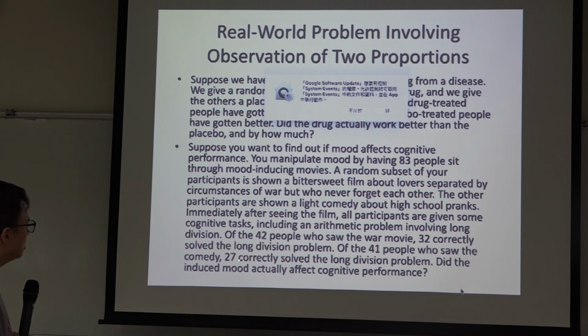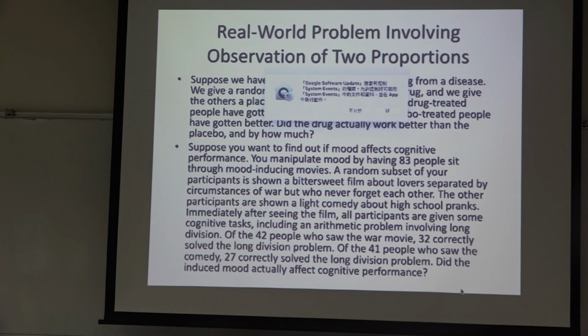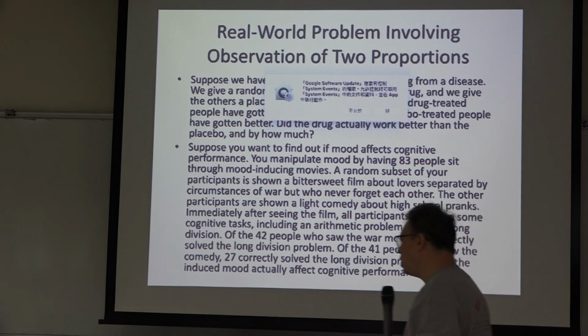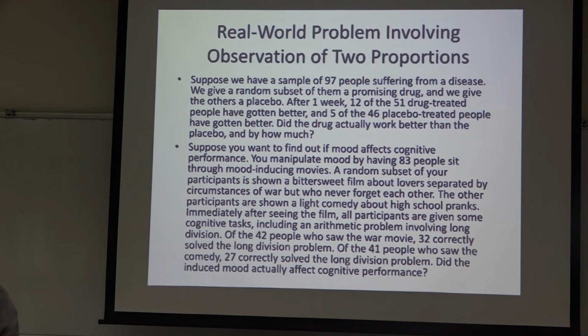Did the induced mood actually affect cognitive performance? Since we break these 87 people into two groups, and after seeing the different movies we conduct this test on each of them, for the first group, these 41 people, we can consider we have 41 coin flips.